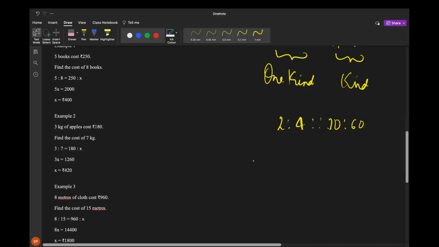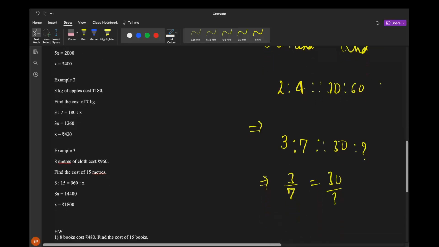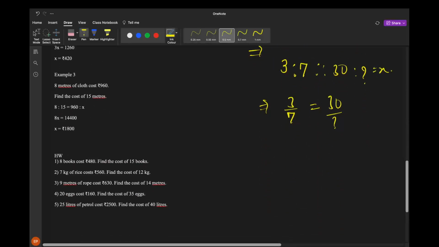Suppose I gave you a question like: I bought initially 3 chocolates for 30 rupees. Now I bought 7 chocolates. How much should I pay? You know, right? 3 is to 7 can be written as 3 by 7, which is equal to 30 by question mark. Let me replace it with x.